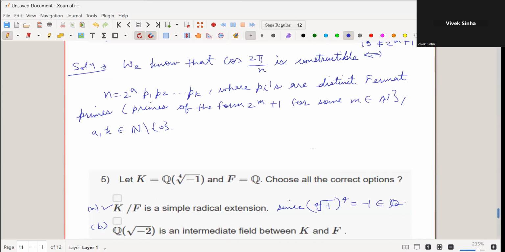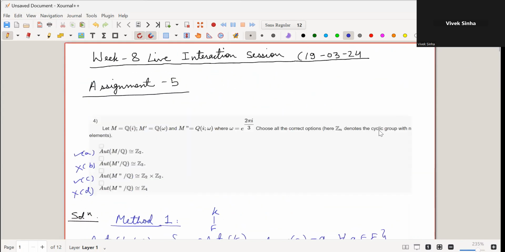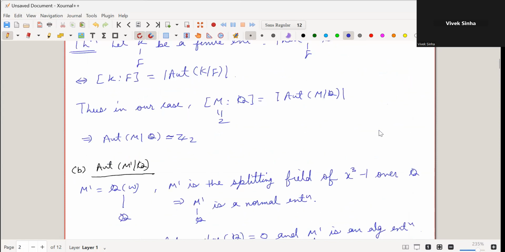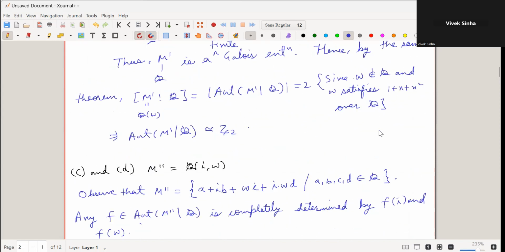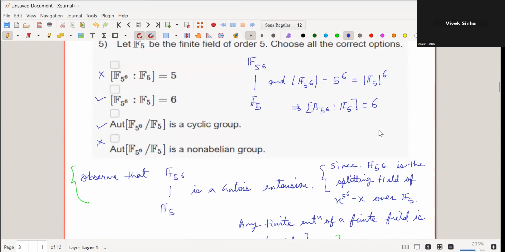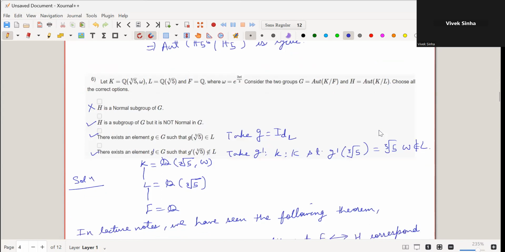Let me just go to the solution of assignment number 5. Somewhere I remember that we have seen this thing. It's iota and omega. This is same, right?